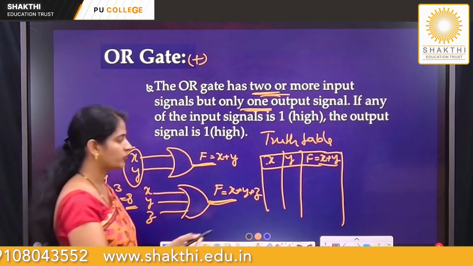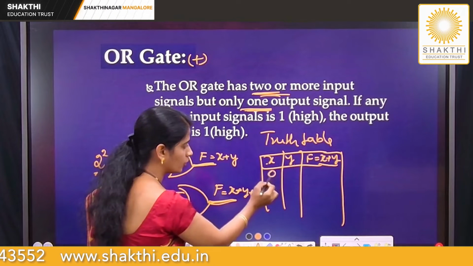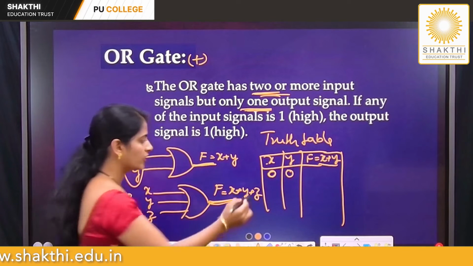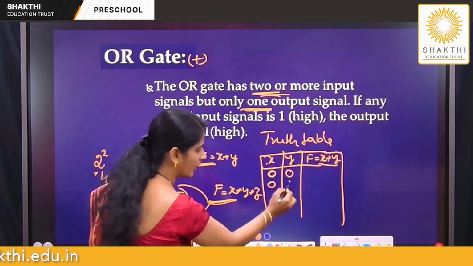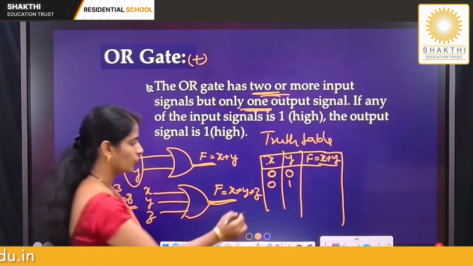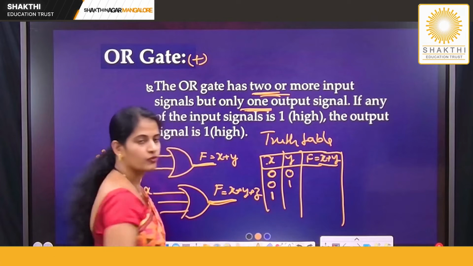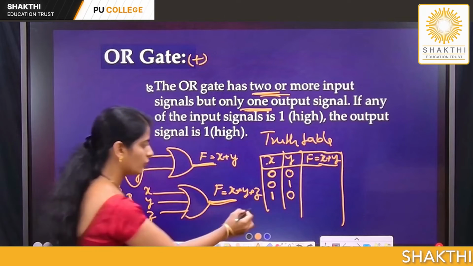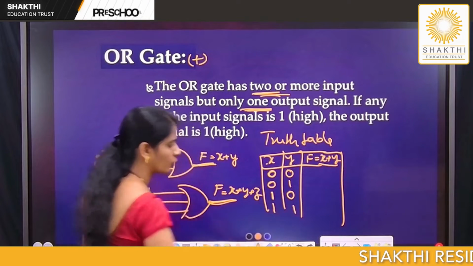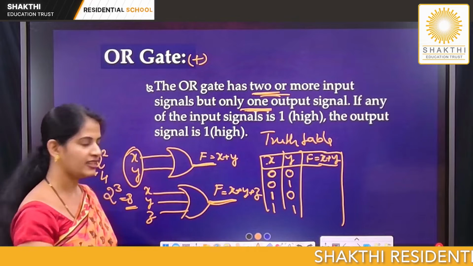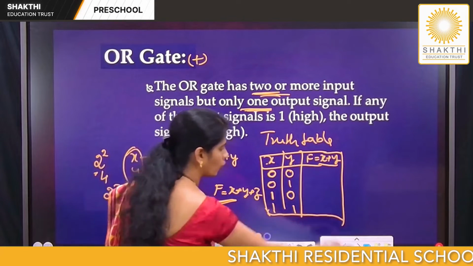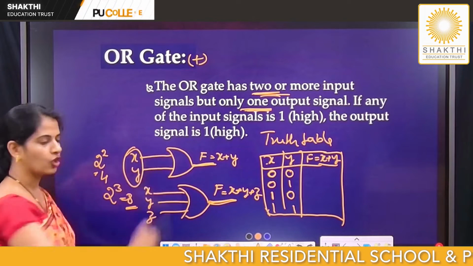You can give low input for X and low input for Y, or low input for X and high input for Y, or high input for X and low input for Y, or take 1 and 1, meaning both input signals are high. These are the only possible 4 combinations for a 2 input OR gate.